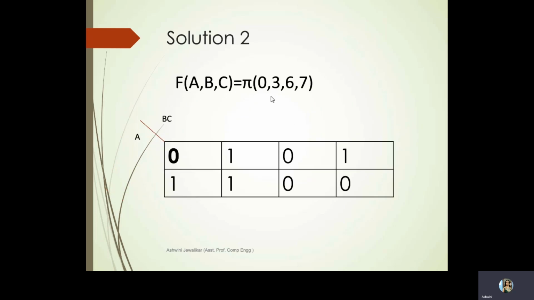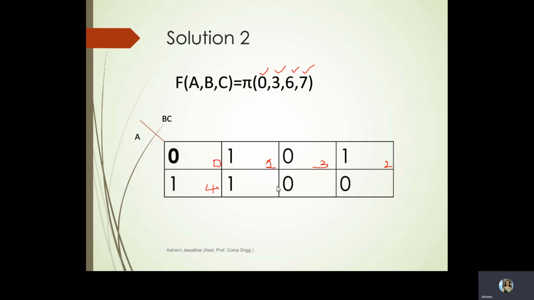See, now this expression is given in POS form. Now what does it mean? It means that for these decimal equivalents, this expression is going to give you output 0 and not 1. So we are going to put 0 in the corresponding decimal places of the max terms, not minterms. So this is the position of the 0 max term, this is the first max term, this is the second max term, third max term, then 4.